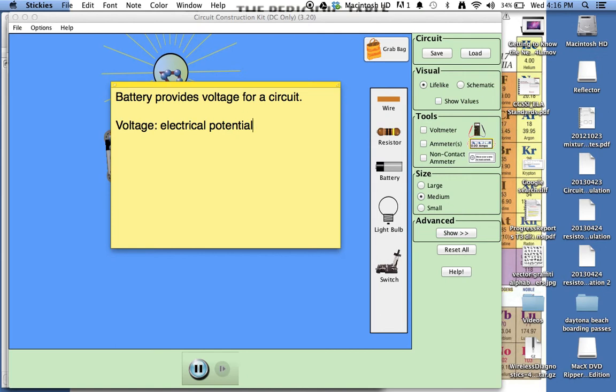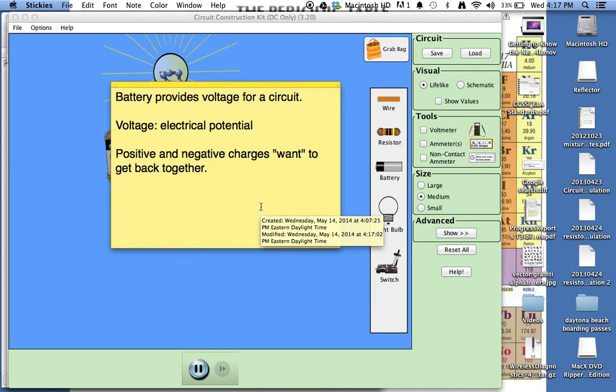A battery has potential because the positive and negative charges are separated on either side of the battery. These charges want to get back together. Remember that positive and negative charges don't actually want to do anything.